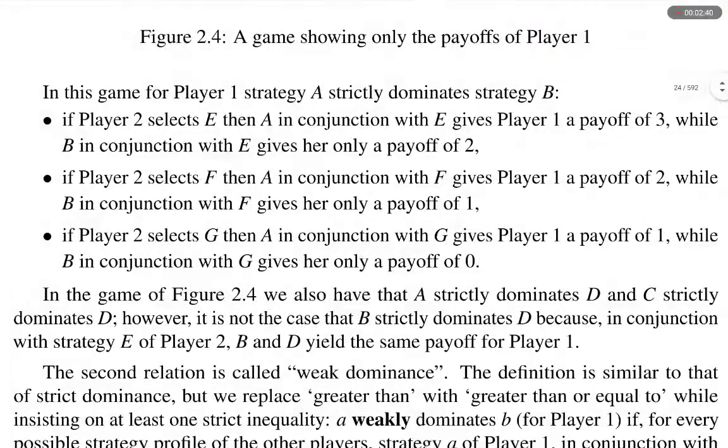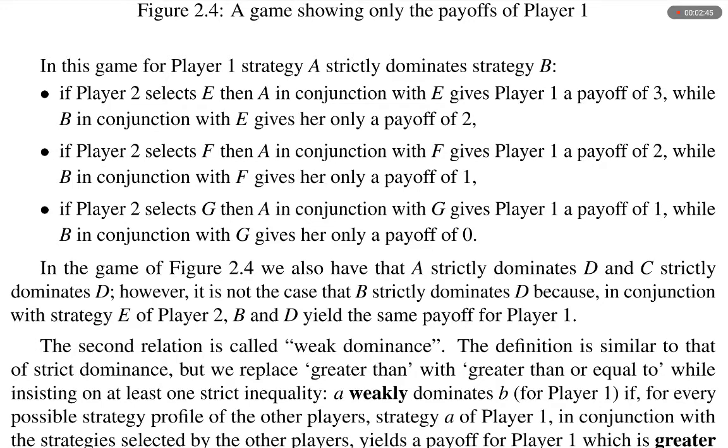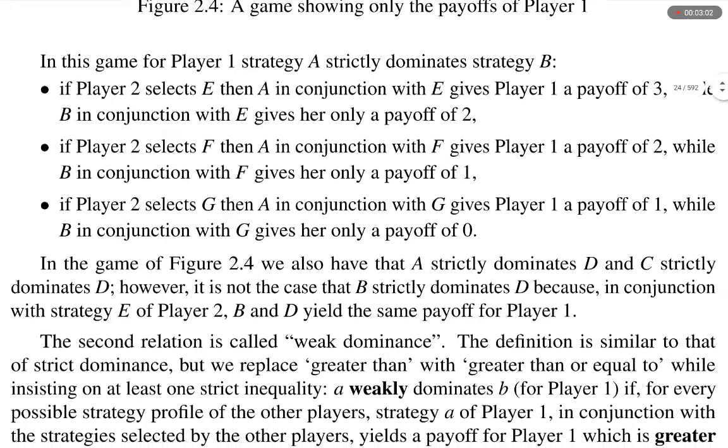In this game, for player 1, strategy capital A dominates strategy capital B. If player 2 selects capital E, then capital A in conjunction with capital E gives player 1 a payoff of 3, while capital B in conjunction with capital E gives her only a payoff of 2.